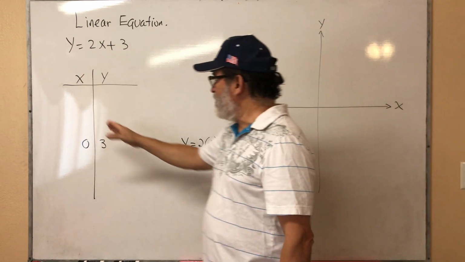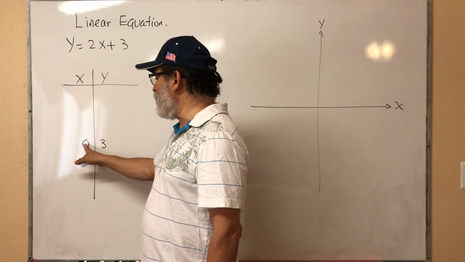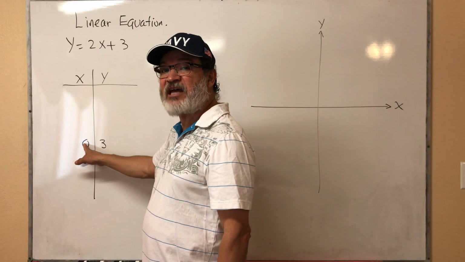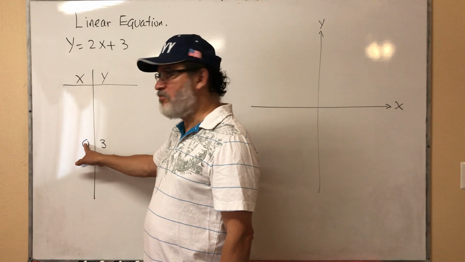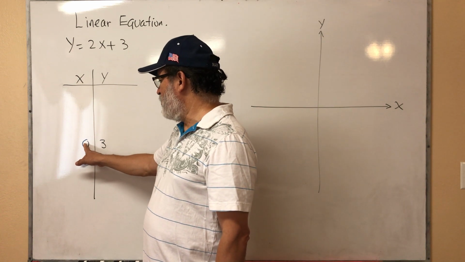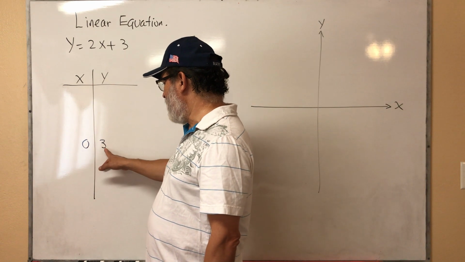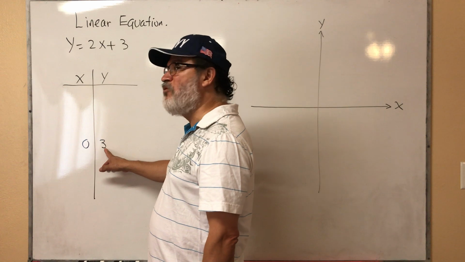So this says that on the x-axis, you move 0 values. In other words, you don't move on the x-axis, starting from the origin. So this is move horizontally, and this is move vertically.